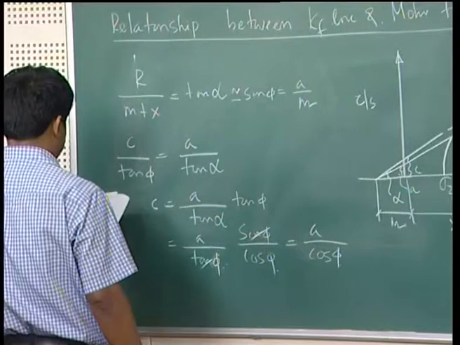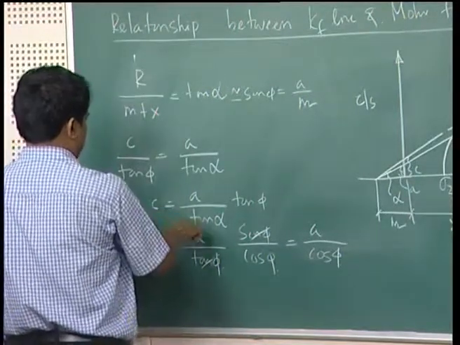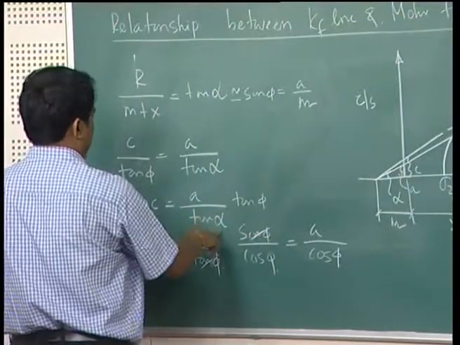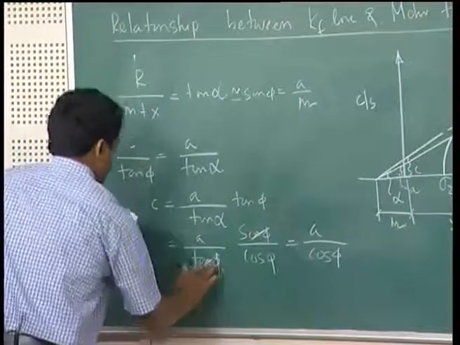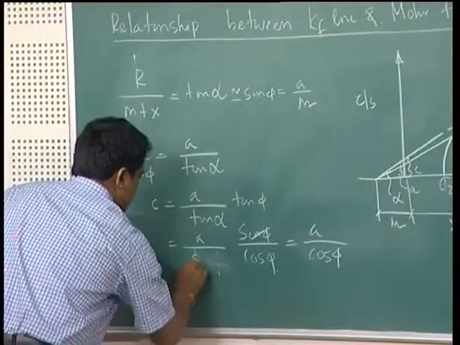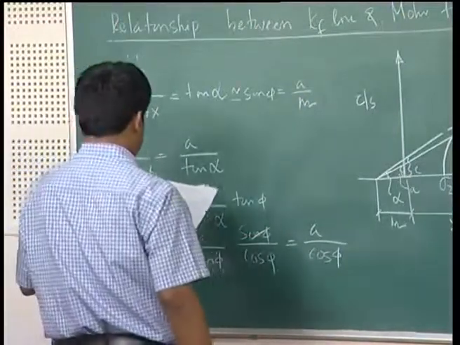With alpha equal to phi, tan alpha is equal to sin phi, which is equal to A cos phi.